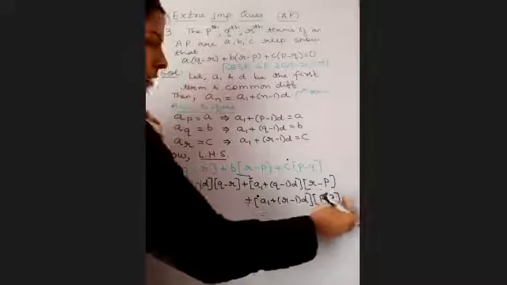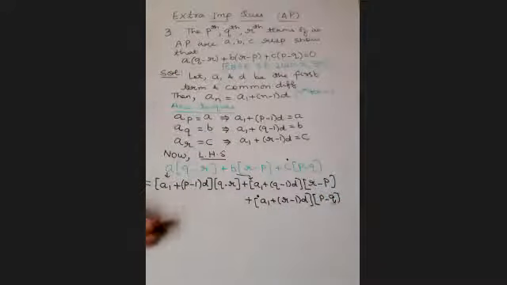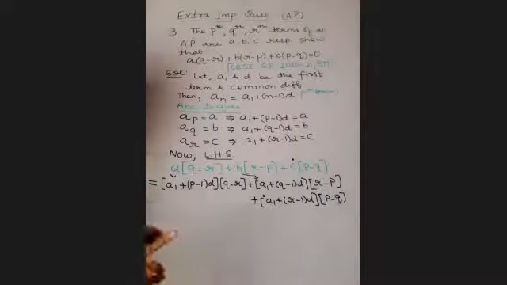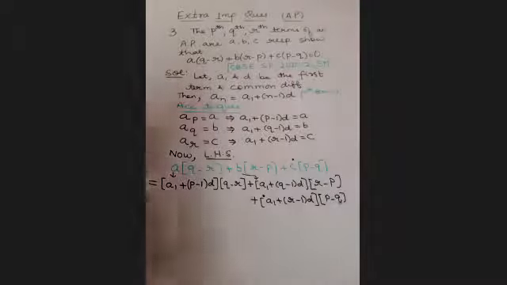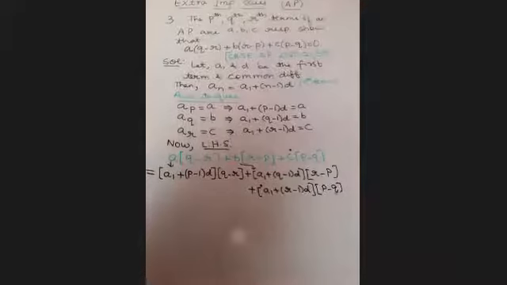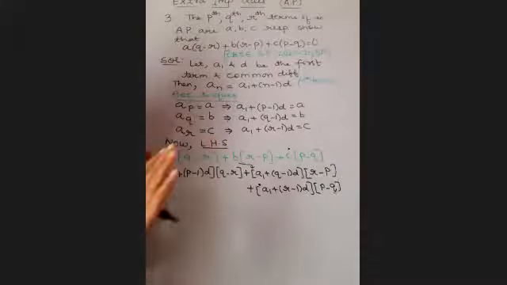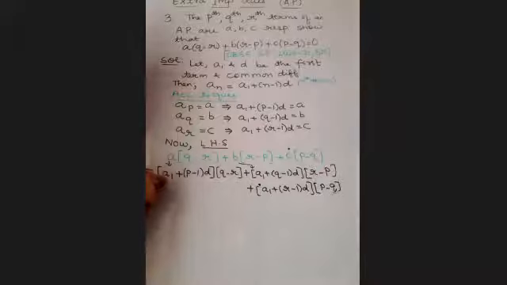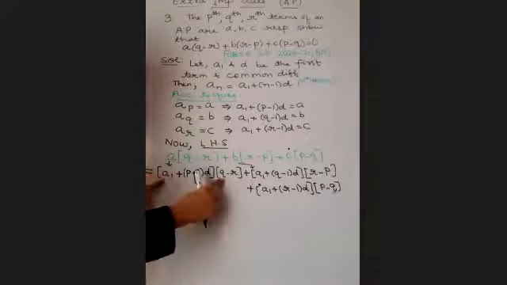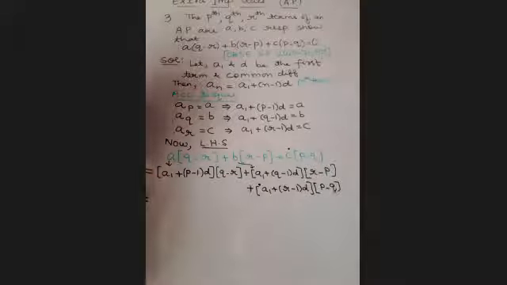Now the next is what? Simply multiply the two brackets very carefully, taking care of plus and minus. If you follow one trend, you will never go wrong. So let us multiply a1 with q and a1 with r so that there is no confusion.